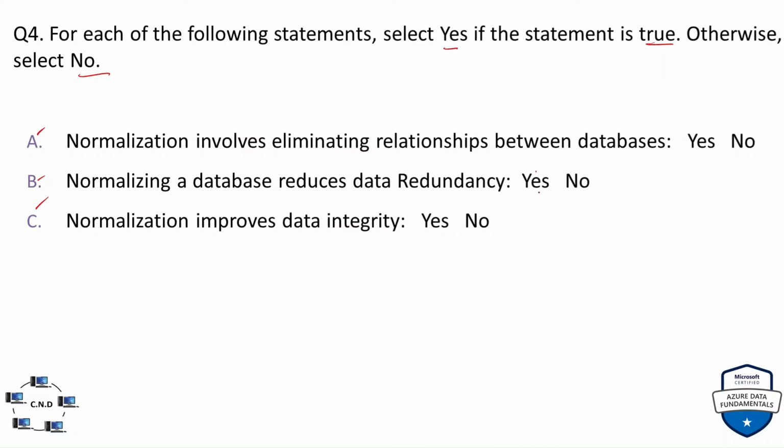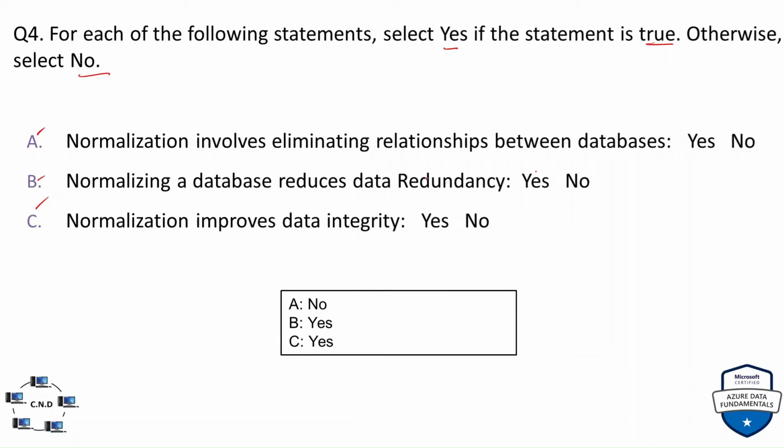So the correct options for all the three statements are: statement A is incorrect, so the option is no. Statement B is correct. Normalizing a database reduces data integrity. Yes. And statement C is also correct.